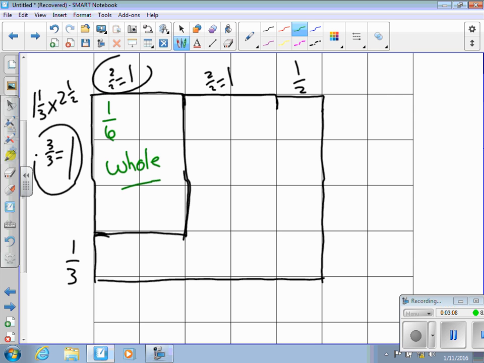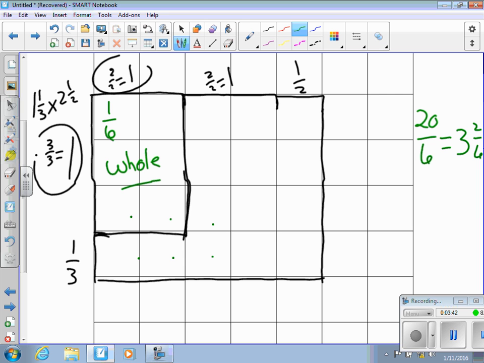So let's count. 1, 2, 3, 4, 5, 6, 7, 8, 9, 10, 11, 12, 13, 14, 15, 16, 17, 18, 19, 20. We have 26. We know that 26 is the same as 3 and 2/6.